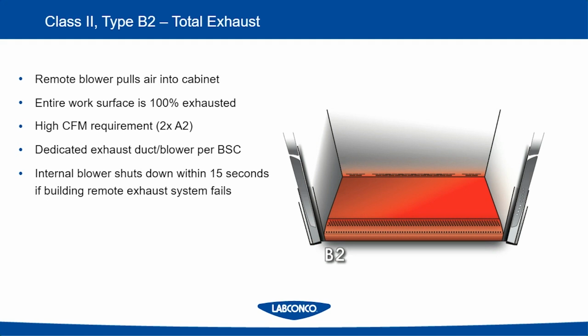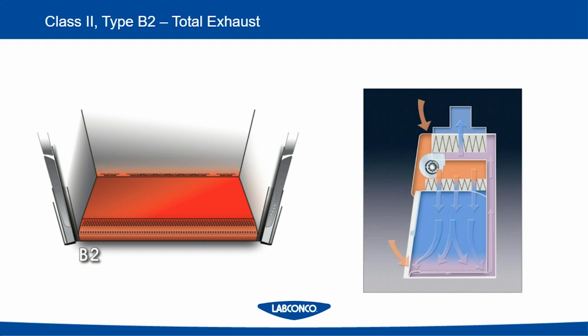Similar to the B1, the internal blower will shut down within 15 seconds if the remote exhaust system fails. The drawing to the right shows a little bit about how the plenum design works in a Class II Type B2 cabinet. You have your inflow air in the front, which passes under the work surface.